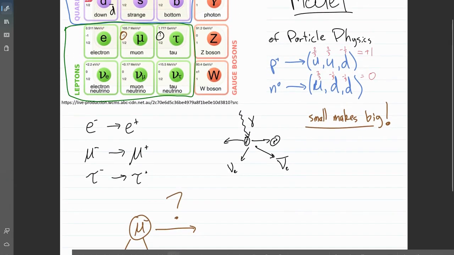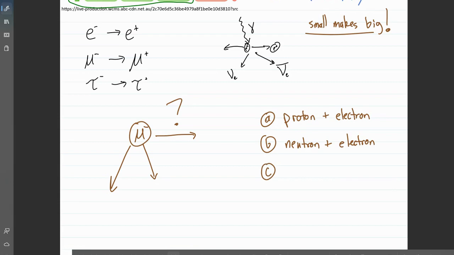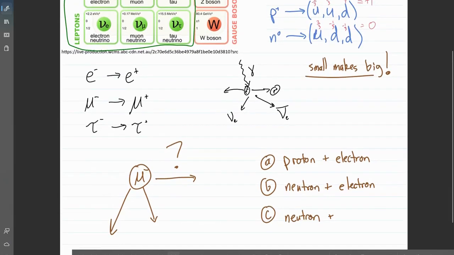Could a muon, okay, it's got a negative charge. I'll give you a couple options. Let's say option A: a muon decays into a proton plus an electron. Let's try that out. Or let's say it decays into a neutron plus an electron. Or let's say maybe it decays into a neutron and, why not, a tau particle?